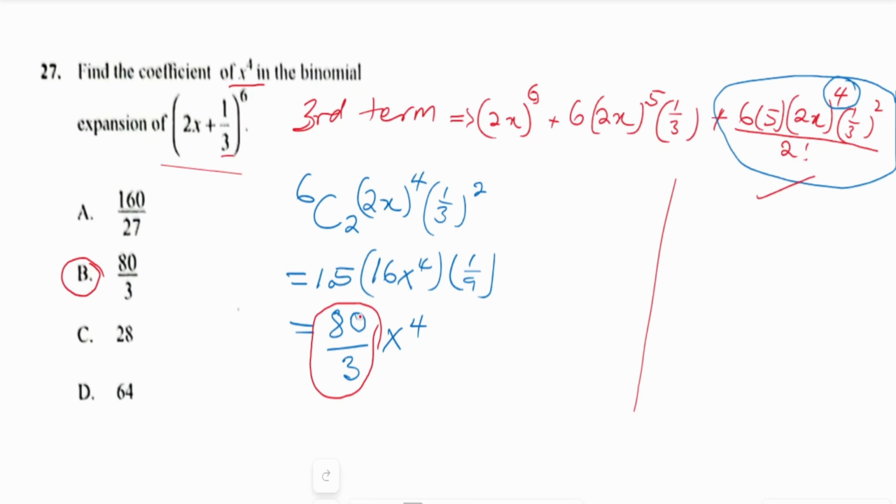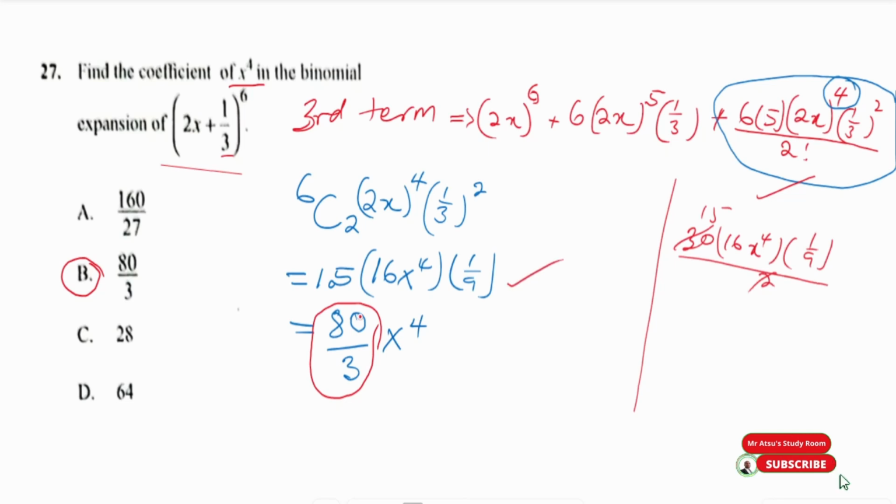But if you go ahead and work this out, 6 times 5 is 30. Then 2 exponent 4 is 16x power 4. Then multiplying 1 over 9, all divided by 2, right? So the 2 divides this 30 here to give 15, and you see that it already looks like this.